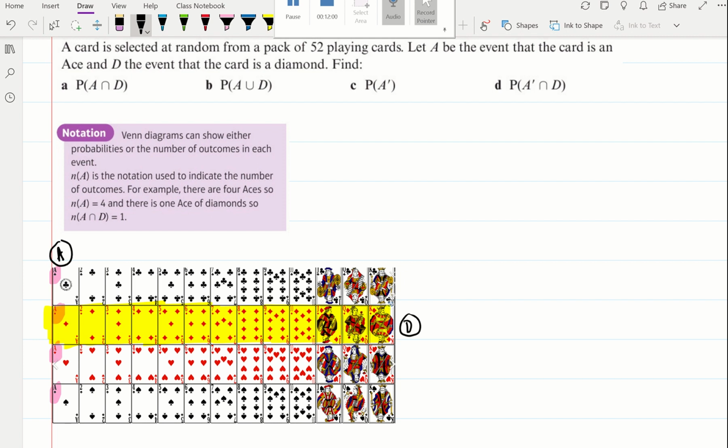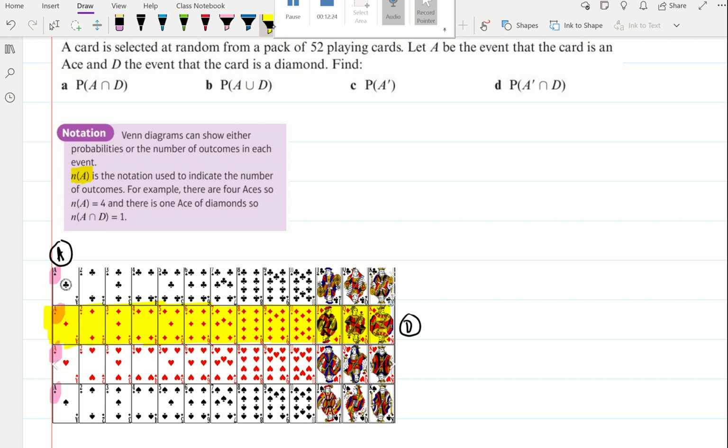They've also introduced a new notation, although you should have seen it at GCSE, and it says when you write n brackets A, it means the number of outcomes for event A. So as we saw, there are 4 aces in the pack. So the number of event A is 4.